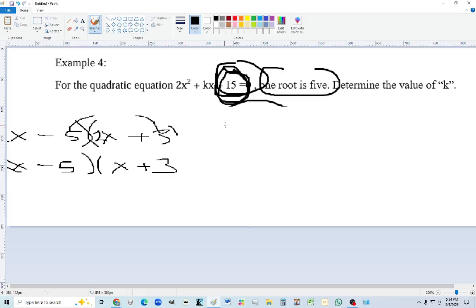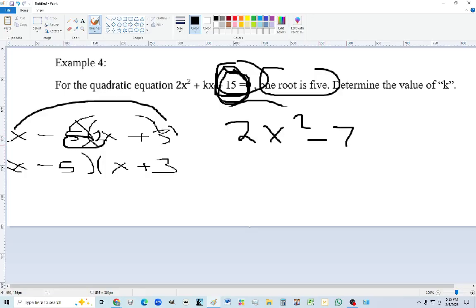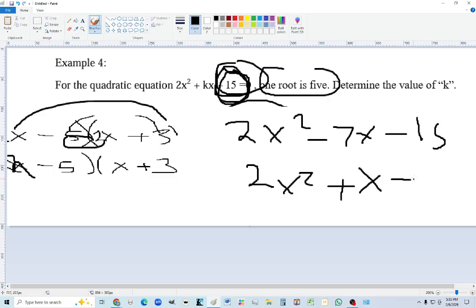Well, when we expand this one, we get 2x squared plus 3x minus 10x, so that's minus 7x, minus 15. So that's that k. And when we get this one, the 2x is over here. So we get 2x squared plus 6x minus 5x, so plus x minus 15.